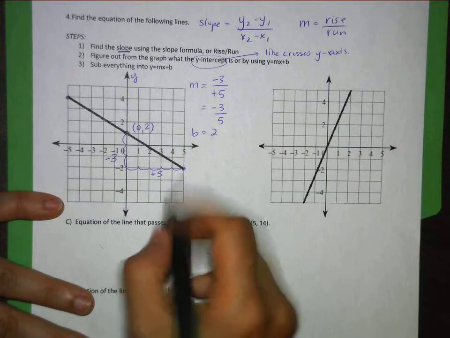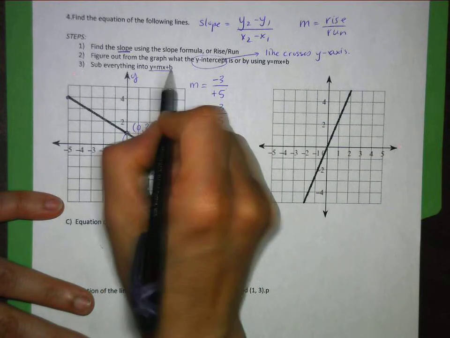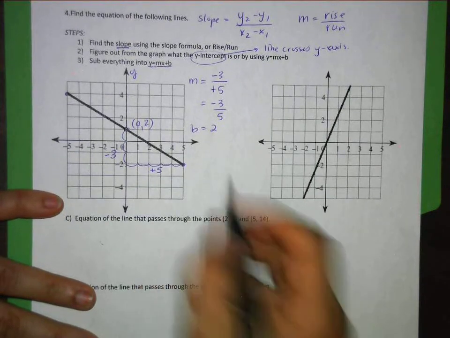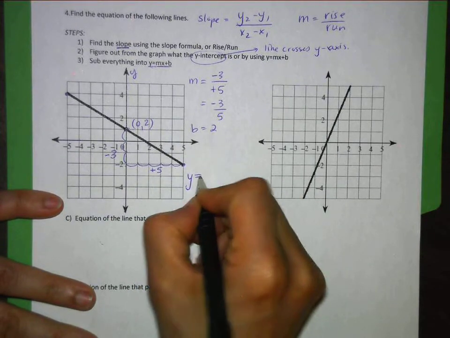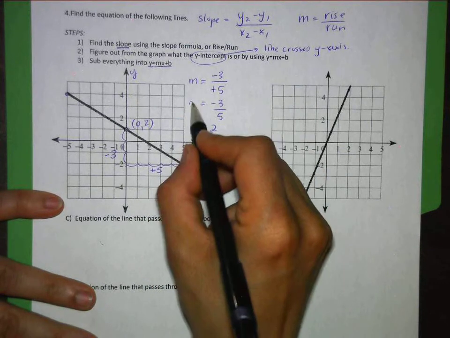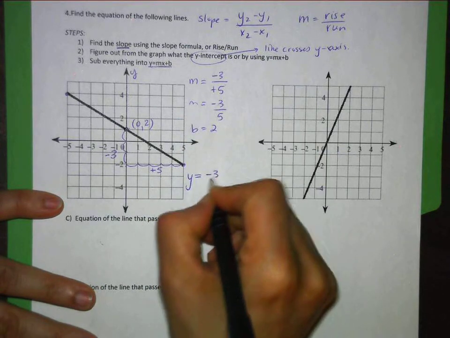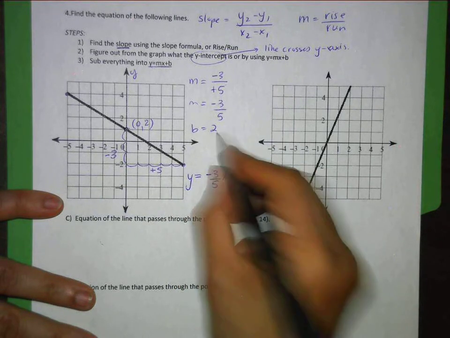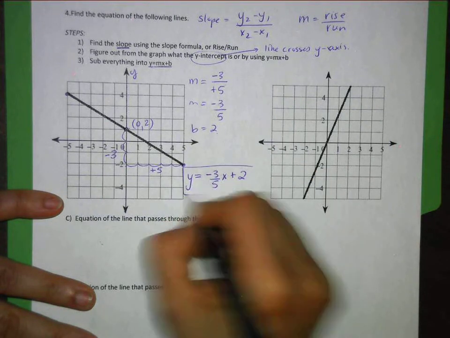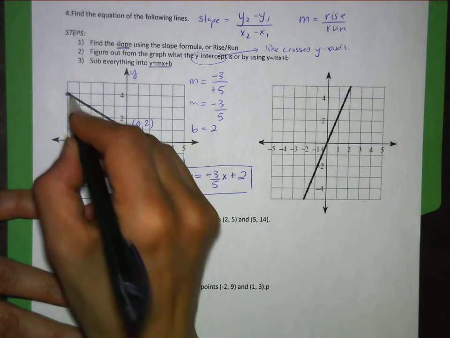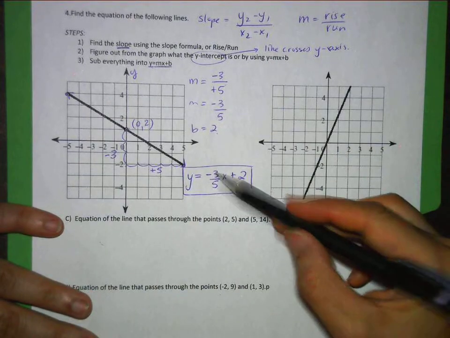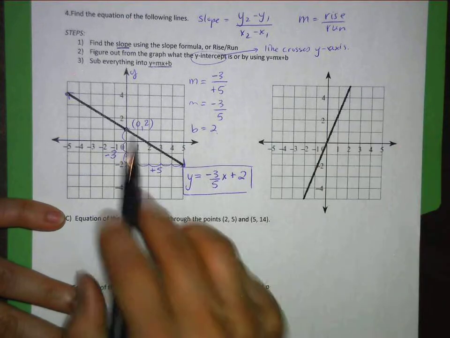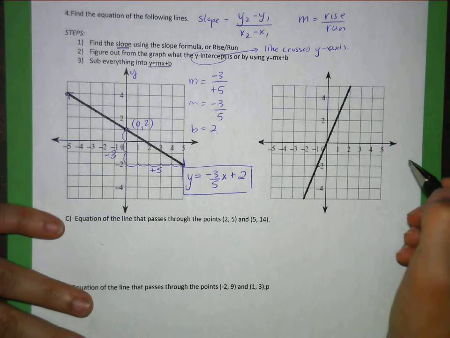If I write out this equation in the form of y equals mx plus b, y equals -3 over 5 x plus 2. So that is that line right there. It's a negative slope, and it crosses the y-axis at 2.